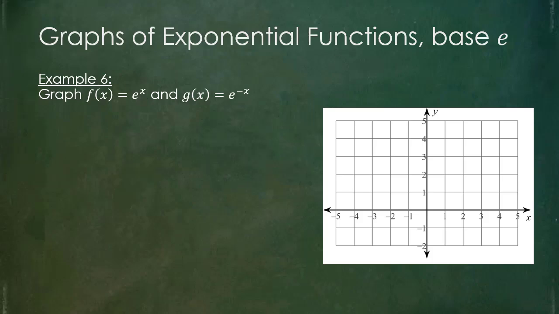So for this first example, I'm just going to graph f of x equals e to the x. If we follow the pattern from earlier, the common points, notice there's no addition or subtraction or multiplication, so this is just the very basic parent function with e as the base. So I know it should go through (0, 1), as well as -1, the reciprocal of the base.